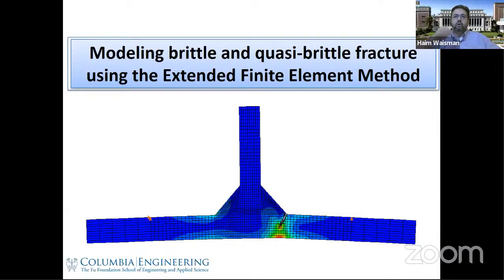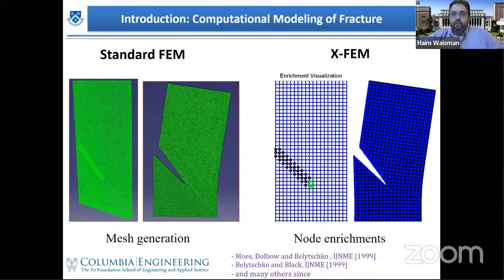So what is, first of all, the difference between extended and standard FEM? If you see on the left side, if we model a fracture using standard FEM, the fracture has to conform with the crack, right? And if the crack is propagating, one has to remesh your domain all the time, which becomes a burden. On the other hand, if you look at XFEM, the idea is different.